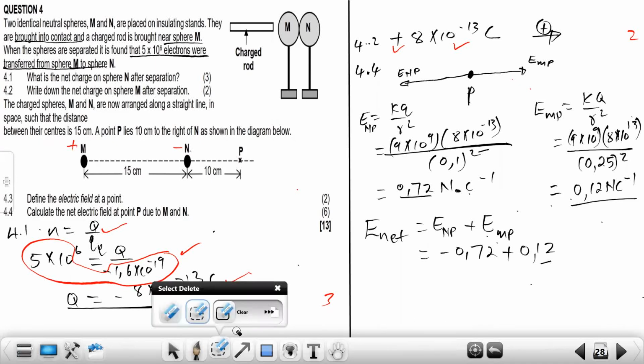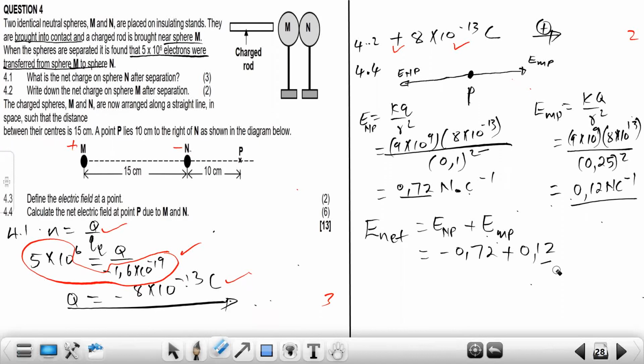This is the reason why we need to specify the direction. This is the reason why we said electric field is a vector quantity. So the final answer there will be something like negative 0.6 Newton per coulomb.